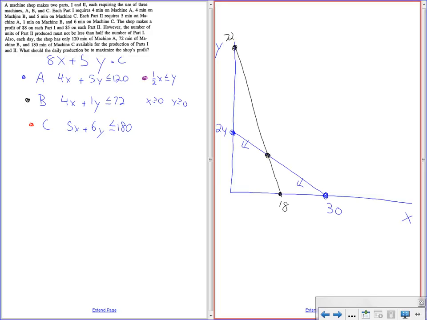So I know I'm going to have to find the intersection point of those two lines. 5 and 6 gives me intercepts at 36 and 30. 36 for x, 30 for y. And that guy intercepts.